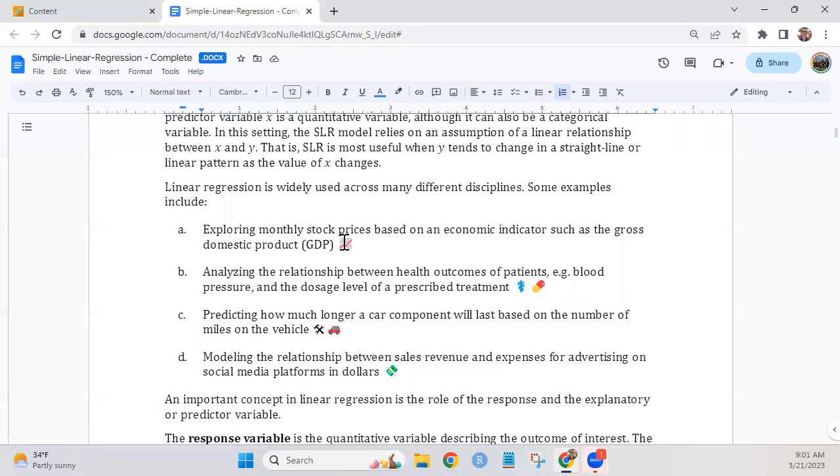But thinking about that more, if the GDP goes down, if the GDP is much lower this month, what would we expect about the stock price next month? It would decrease.